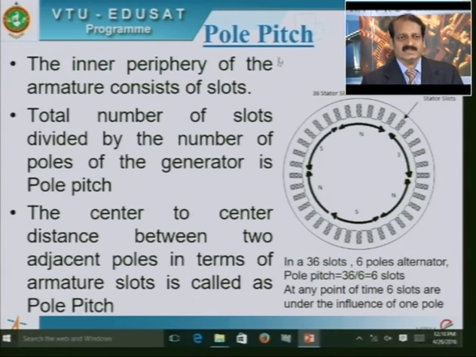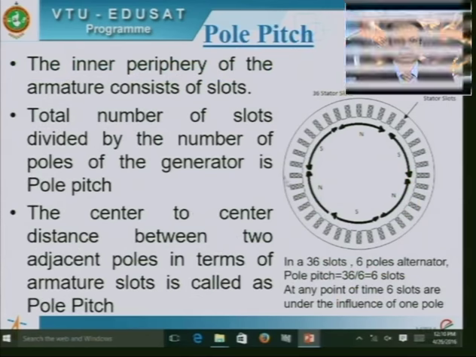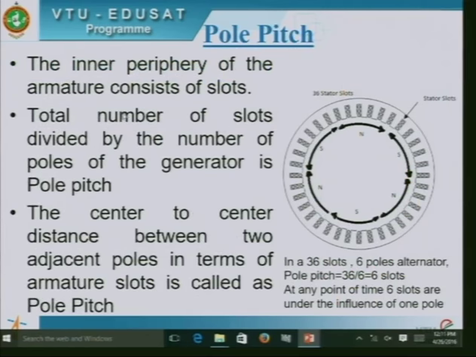Now let us discuss pole pitch. The inner periphery of the armature consists of a number of slots. You can see here, this is the inner periphery of the armature or stator core, which has a large number of slots as shown, and the total number of slots in this particular example is 36.